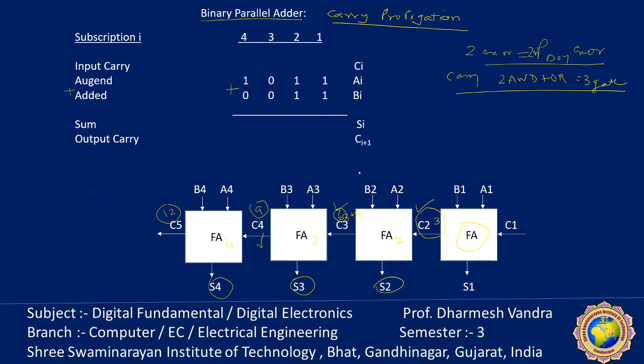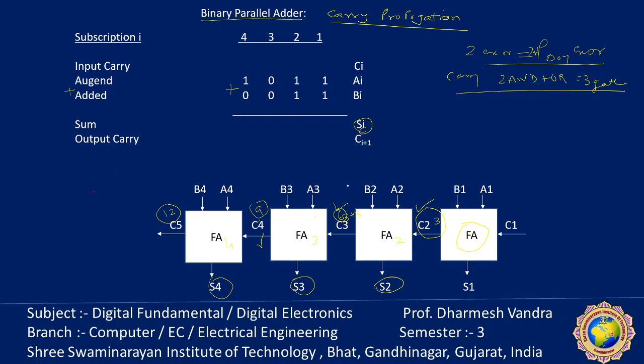Since each bit of the sum output depends on the value of the input carry, the value of Si in any given stage will reach its steady-state final value only after the input carry to that particular stage has propagated.